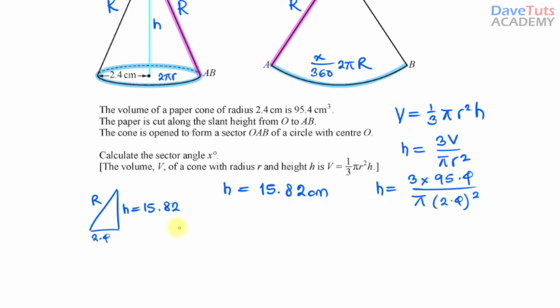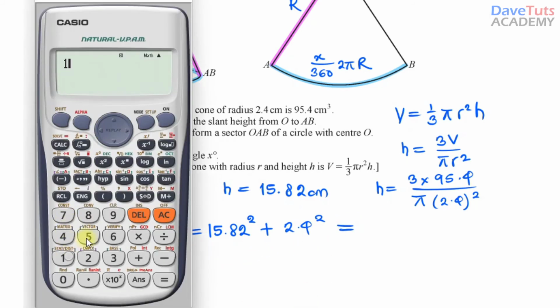By Pythagoras theorem, R square is equal to h square, which is 15.82 raised to power 2, plus 2.4 raised to power 2. So we can use our calculator for this. What's that going to give us?